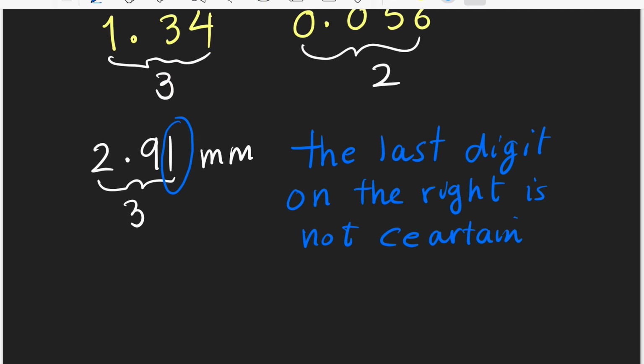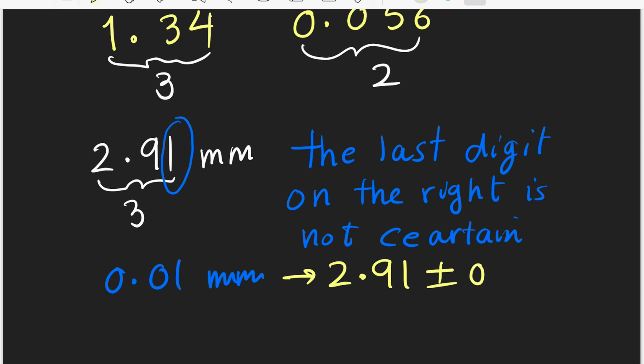In this example, the accuracy is 0.01 millimeter. In other words, I can write the thickness as 2.91 plus minus 0.01 millimeter.